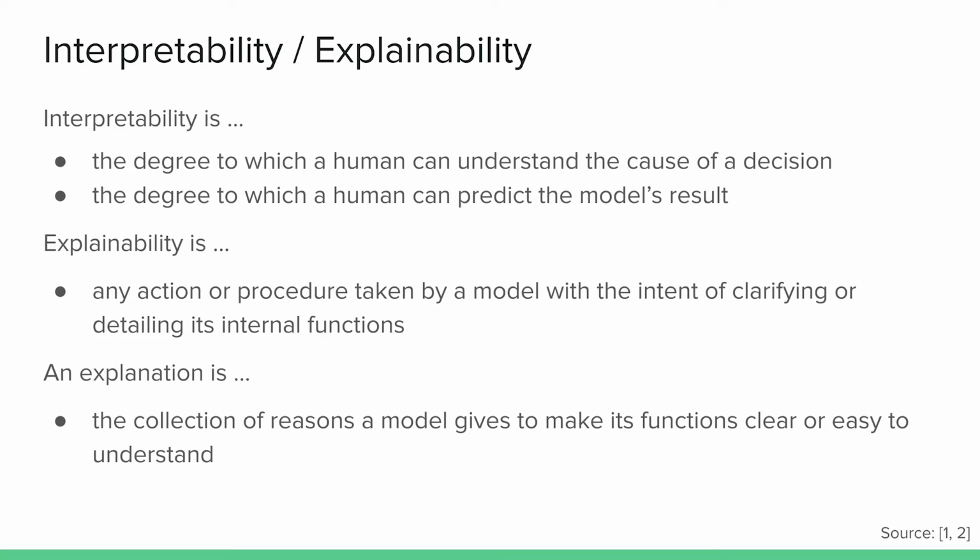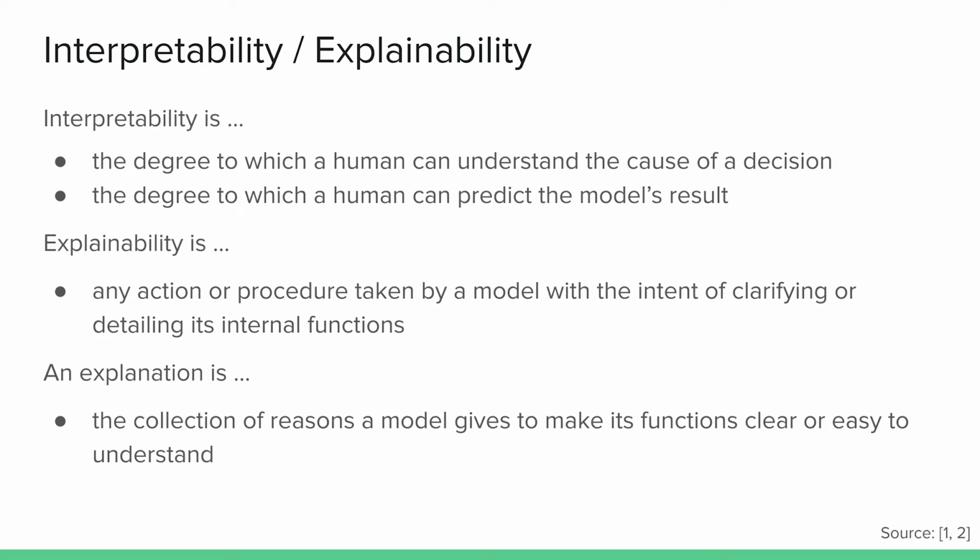So it's a passive characteristic of a model referring to the level at which the given model makes sense for us as human observers. In contrast to that, explainability would be any action or procedure taken by the model to explain the intrinsic functions and the details of its inner workings. So if it has the intent of clarifying that inner behavior, that would be called explainability.